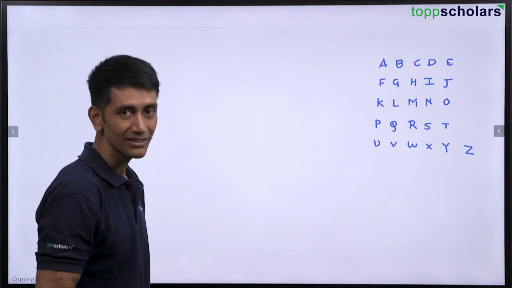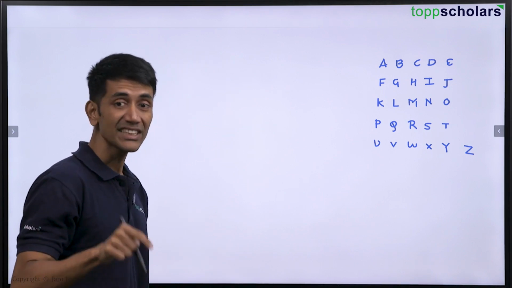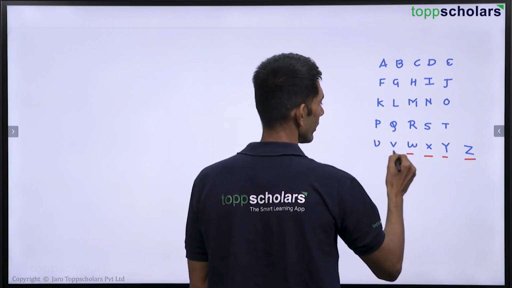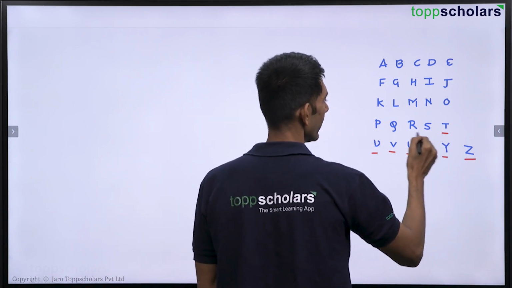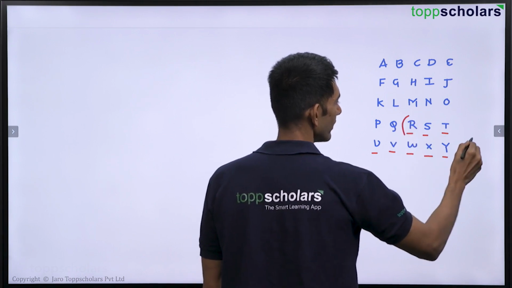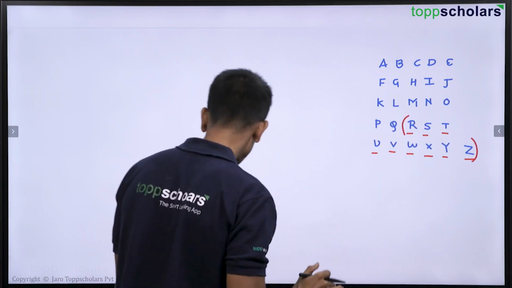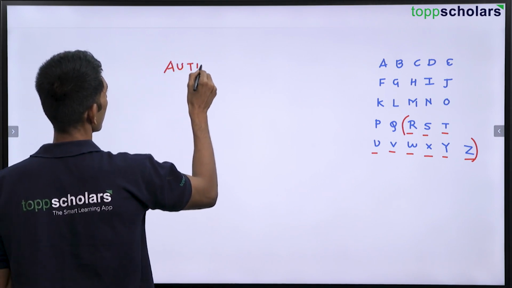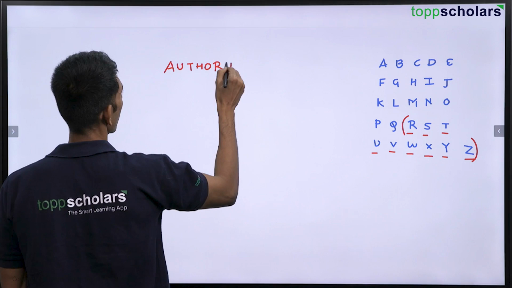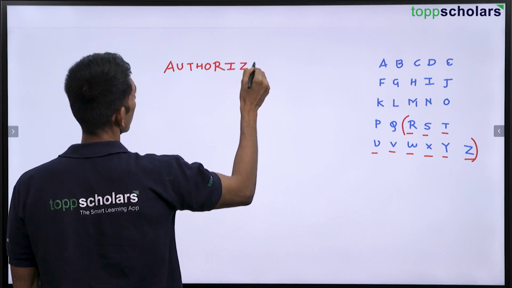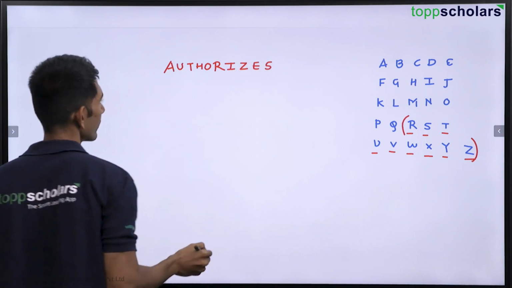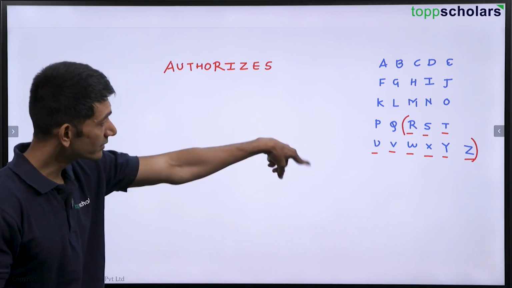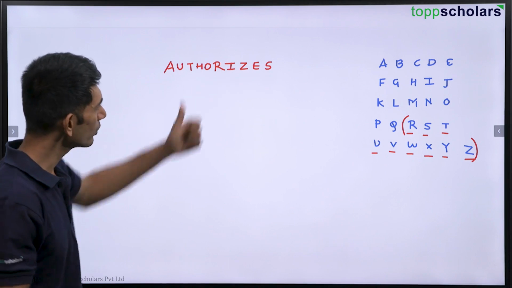Because our next question talks about the last 9 letters, that is 1, 2, 3, 4, 5, 6, 7, 8, 9, right? So these are the last 9 letters, and our word is authorizes. So from authorizes, what all letters from the last 9 letters appear over here?